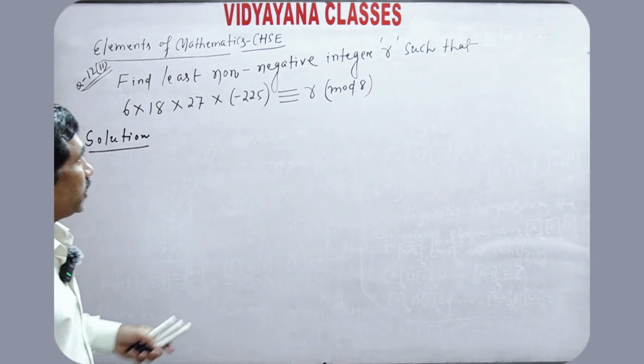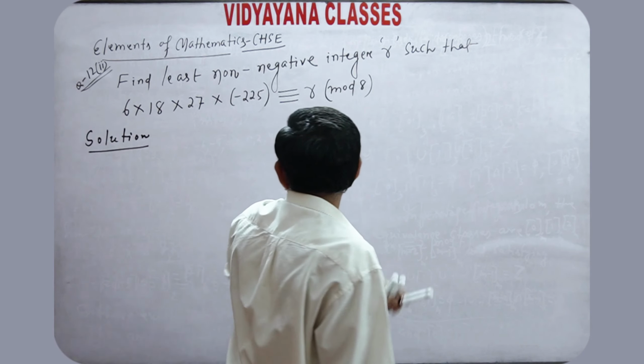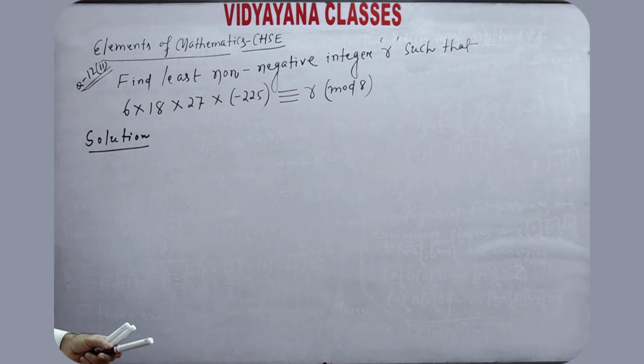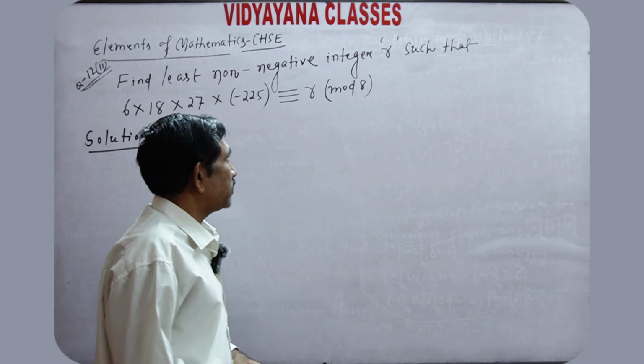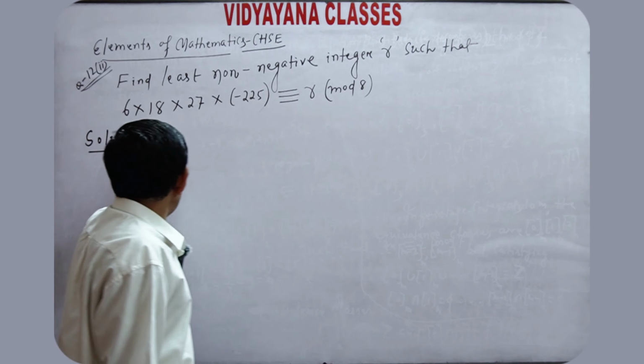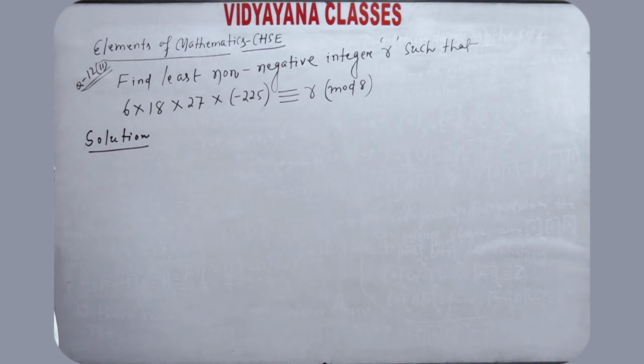Find the least non-negative integer r such that 6 into 18 into 27 into minus 225 is congruent to r modulo 8. What is the meaning of this expression?